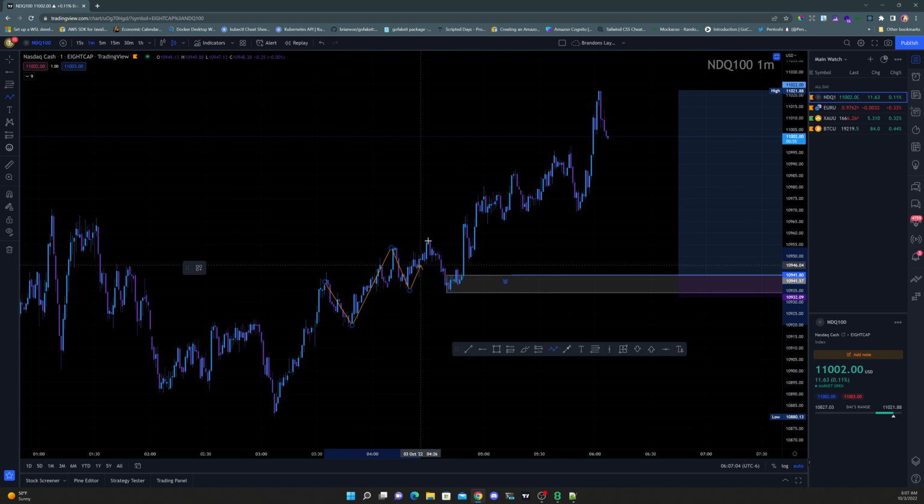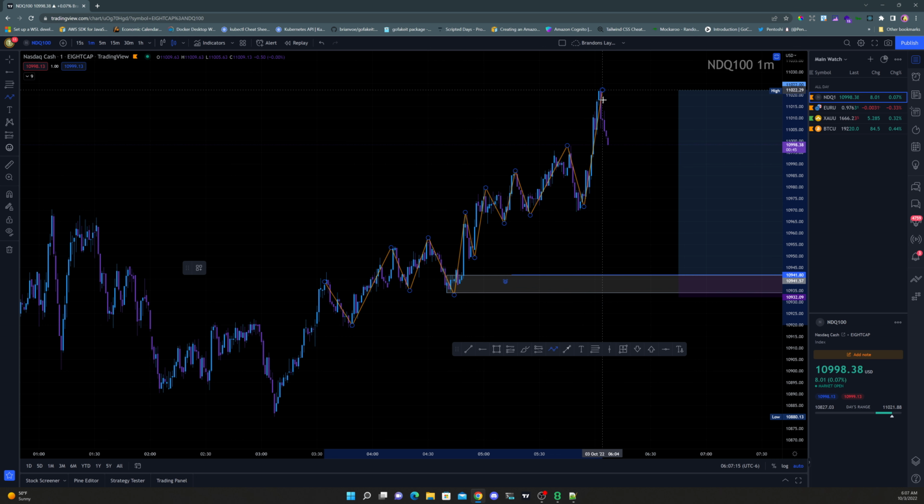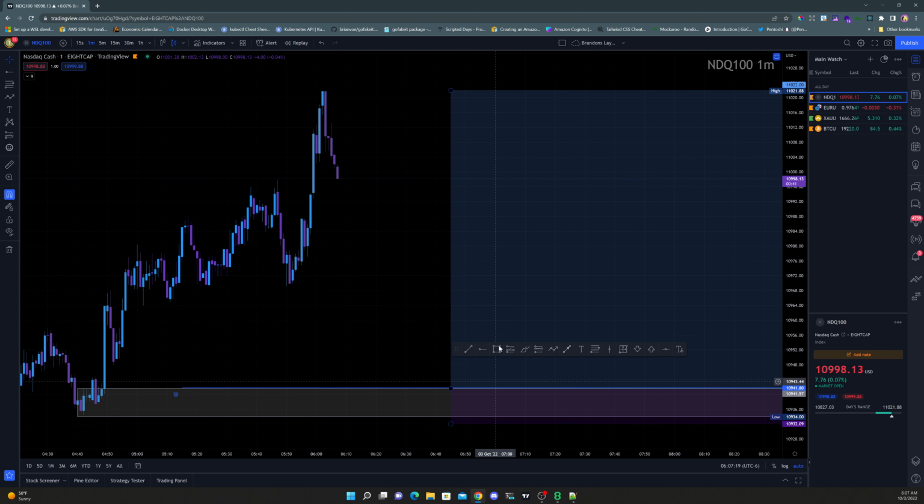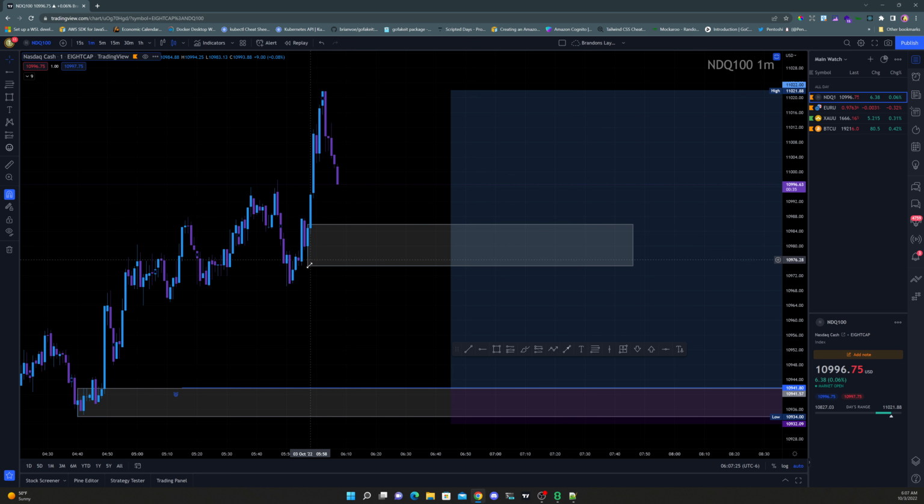Here, here, here, here, here. Broke below and then breaks back above, higher high, higher low, higher high, higher low, higher high. Came down from here somewhere. So we could be looking for the continuation to come from this 1 minute zone, depending if there's a confirm on a lower time frame or not.